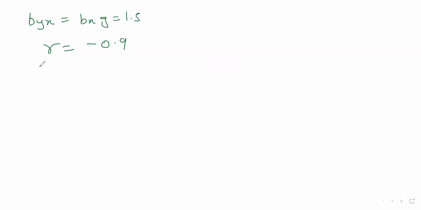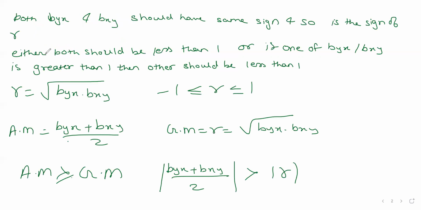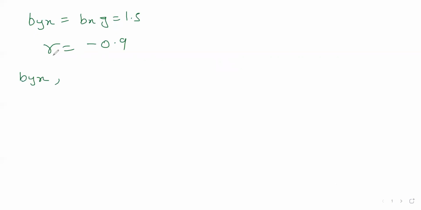Now here it is inconsistent because, just by observation, we saw the property just now. They all have the same sign. So byx, bxy and r all have the same sign.